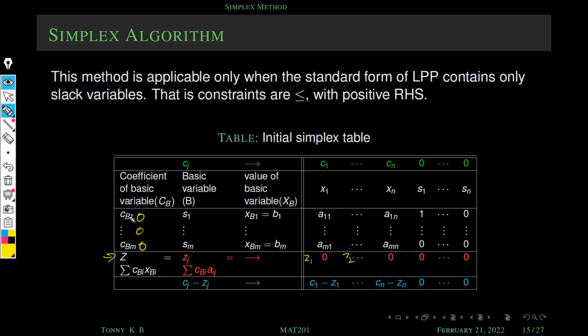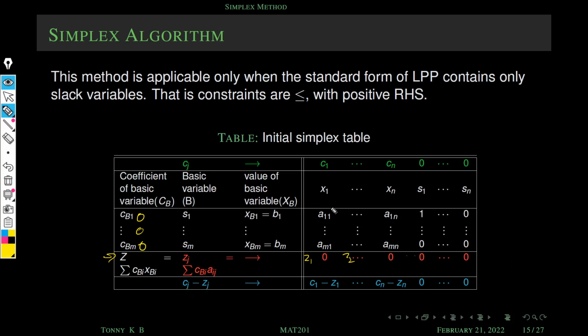So CB1 into A11 plus CB2 into A21, etc., this one into this one. That gives Z1. And initially we know that all the CBi are 0. So initially all the Zj's are 0. So Z1, Z2, etc., everything is 0.